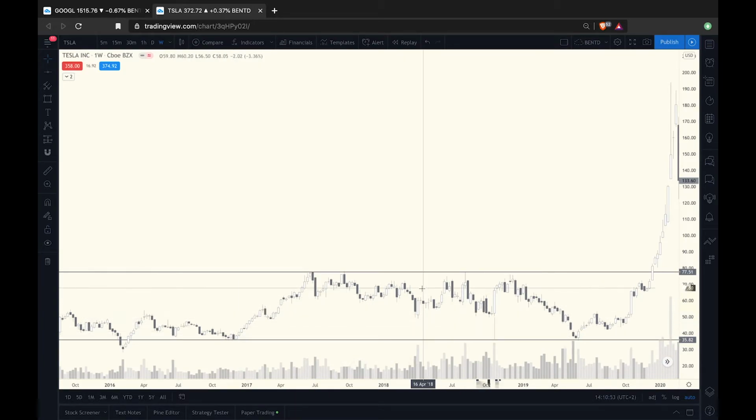And actually what happened was that price failed to break through this horizontal level, and sellers took control. Price ended up in a downtrend, but not further than the previously established support level. And this is where buyers started to show interest again, and then ultimately pushed price through. And I think this was more on fundamentals, because Tesla started to become really, really popular here, and price broke through.